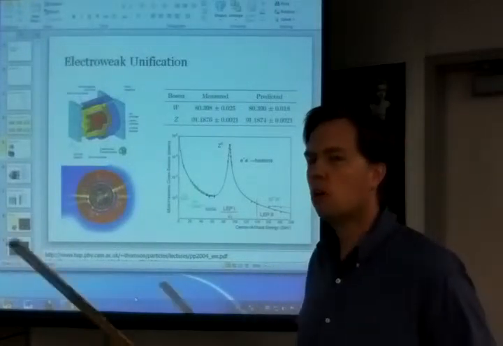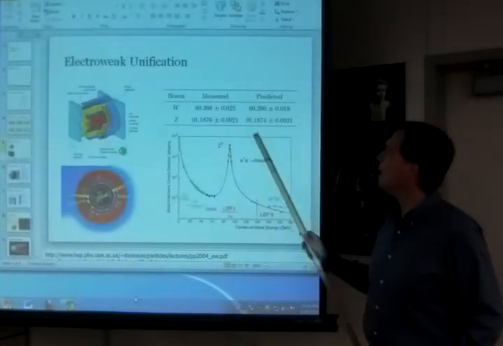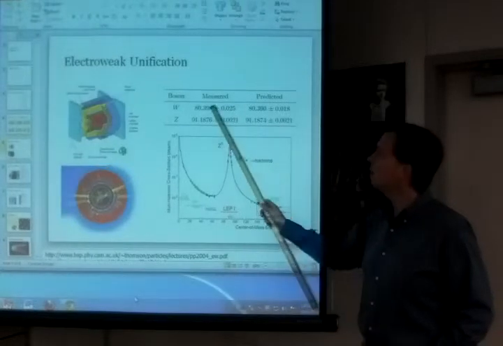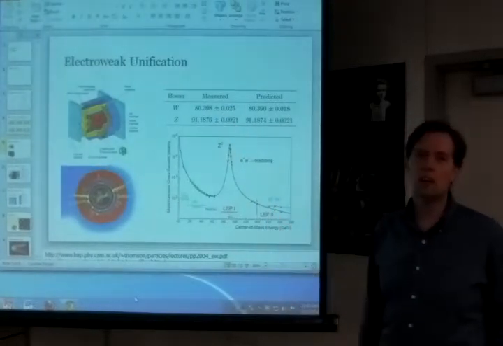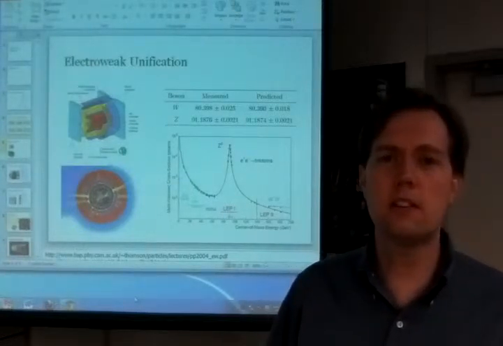And according to the theory, this is the predicted mass of these various bosons, and this is the measured mass. And you can see a fantastic correlation there.